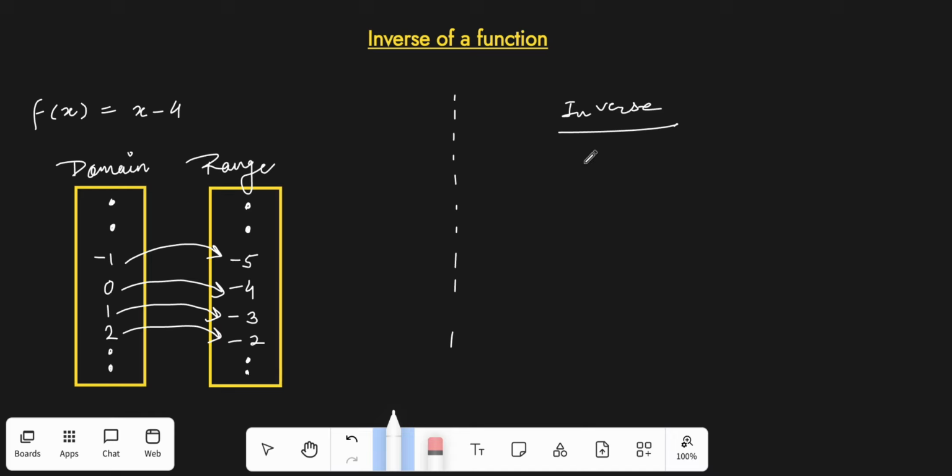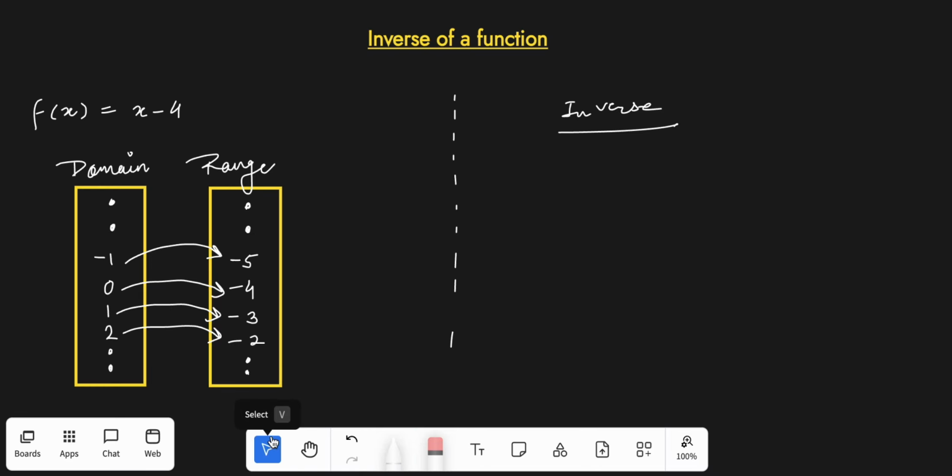But this inverse function, as we can guess, is going to map the values from the range set to the domain set. That's what inverse means. That means the domain of this inverse function is going to be the range of our original function.